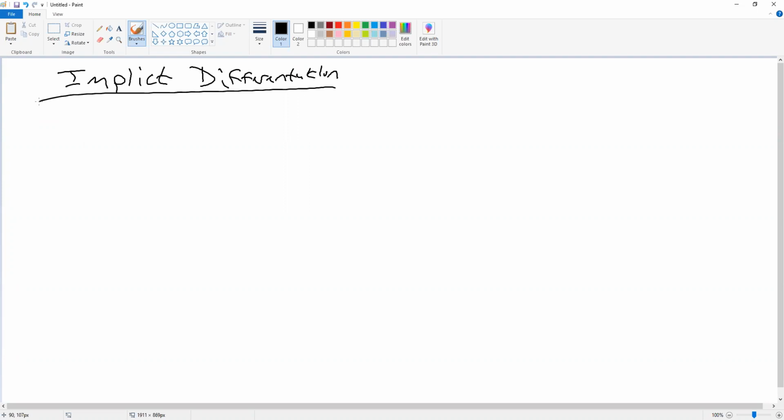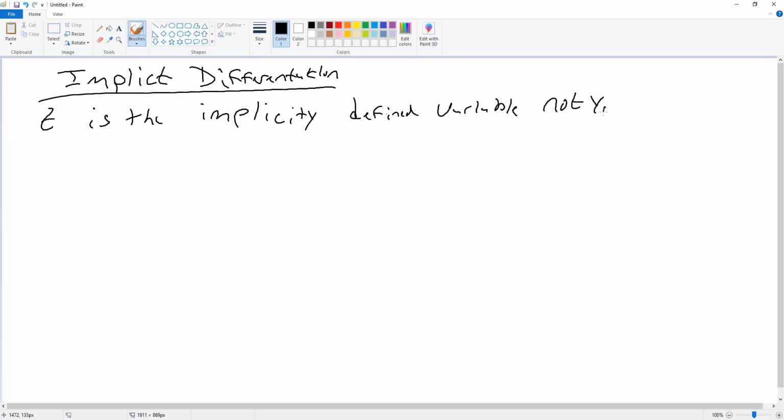All right, so what do we know? I'll just say this: z is the implicitly defined variable, not y. And then we're always going to differentiate everything.